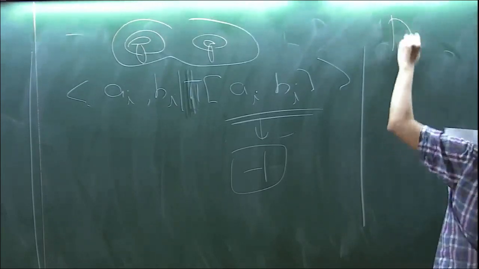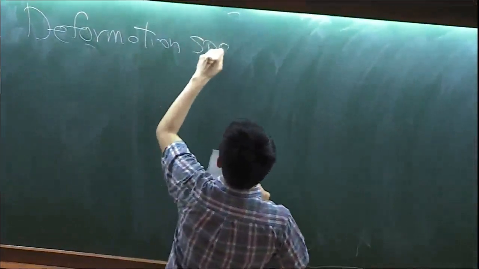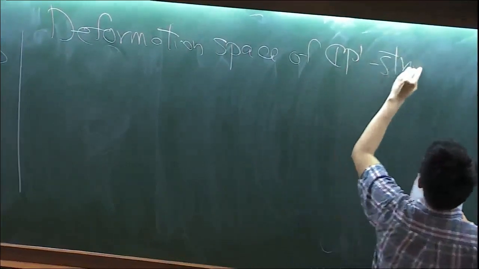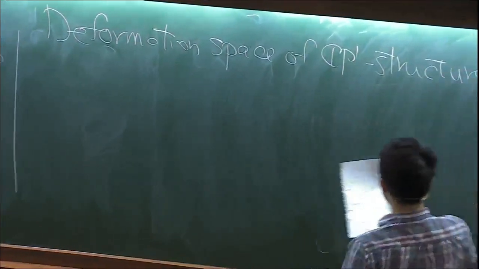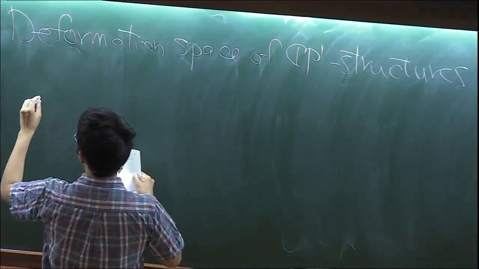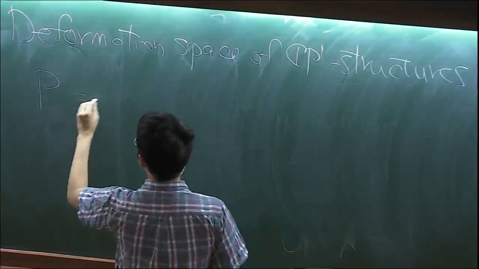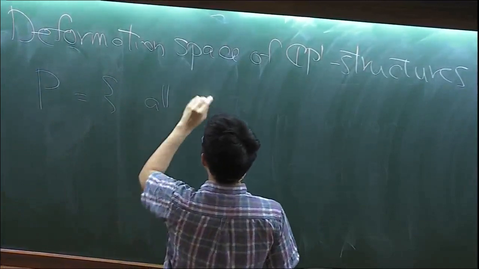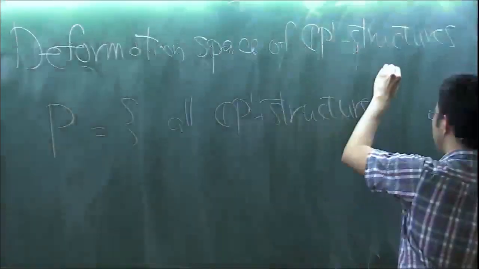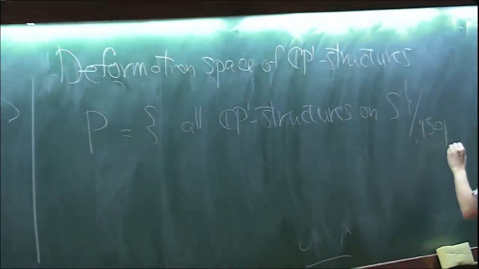Okay. Look at the deformation space of CP1 structures. It's denoted by P, the space of all CP1 structures on a surface S up to isotopy.